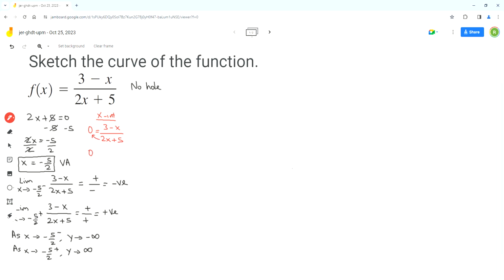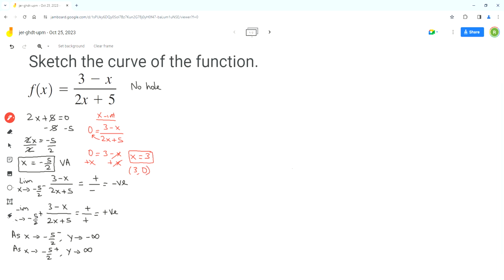So 0 times (2x plus 5) will be equal to 0. Now we can isolate x by adding x to both sides. So the x's on the right side will get cancelled out and we are left with x equals 3. So this function has just one x-intercept and we can write it as an ordered pair as (3, 0).